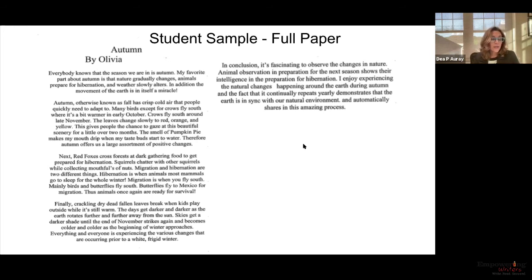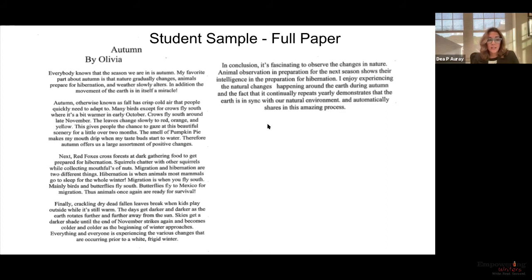Crows fly south in late November. The leaves change slowly to red, orange, and yellow. This gives people the chance to gaze at this beautiful scenery for a little over 2 months. The smell of pumpkin pie makes my mouth drip when my taste buds start to water. Therefore, autumn offers us a large assortment of positive changes.